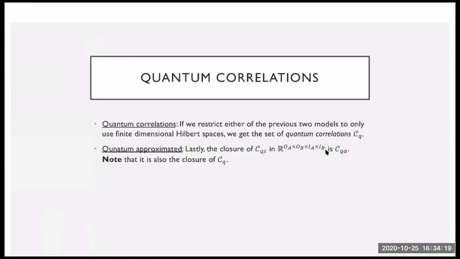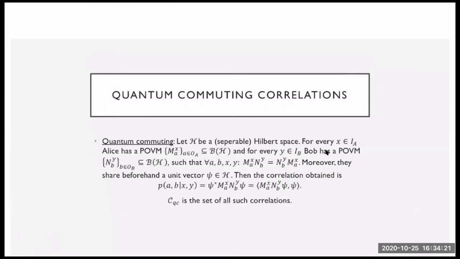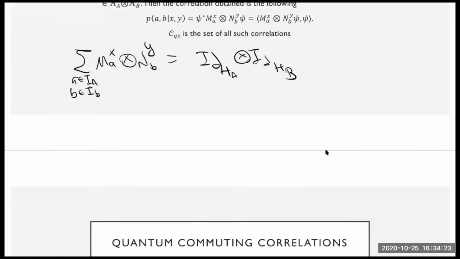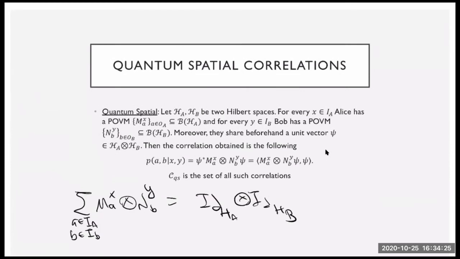Wait, is it a bigger set or a smaller set? Okay, so you can check that the tensor product model always satisfies this. You see here, there's this HA tensor HB. You call it H. And you can check that these POVMs, these M_A^x, are actually M_A^x tensor the identity on HB.